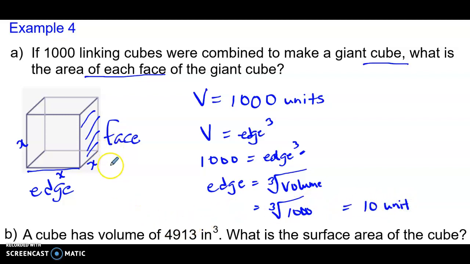So the edge length here is 10. If I'm looking for the area of this face, well, this face is two-dimensional. The area of the face is going to be length multiplied by width. And since it's a cube and all of the edge lengths are 10, the area of the face is going to be 10 multiplied by 10, which is 100 square units.